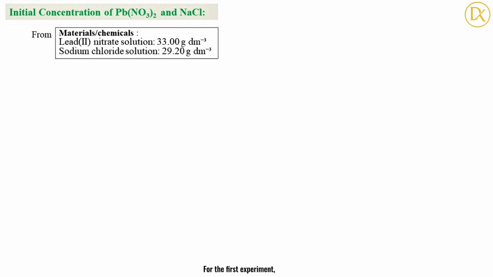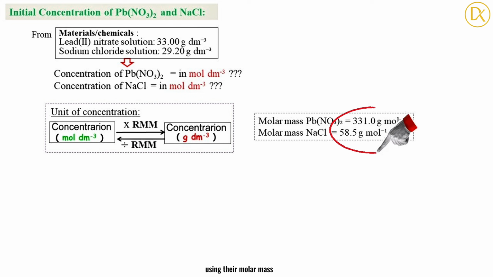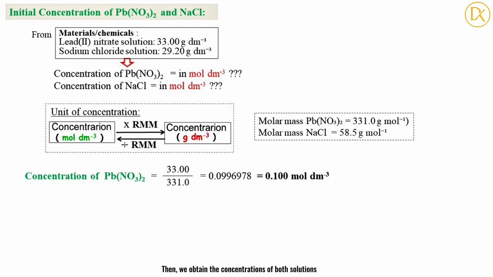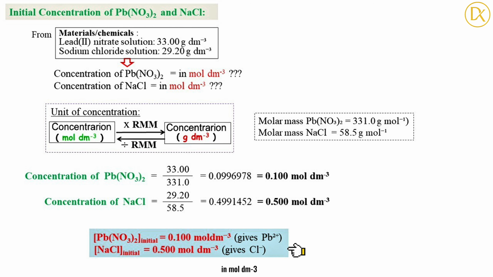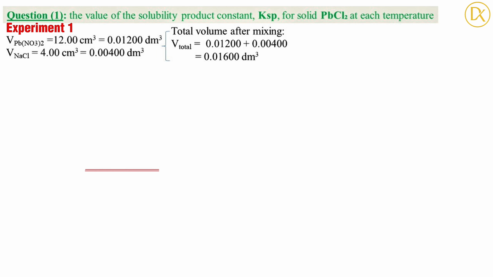For the first experiment, the concentrations can be calculated based on the materials used. From the given information, the concentrations of lead-2 nitrate and sodium chloride are given in gram per dm cube, so we need to convert them into mole per dm cube using their molar mass. Then we obtain the concentrations of both solutions in mole per dm cube. Next, we calculate the concentrations after mixing. We use the formula M1V1 equals M2V2.